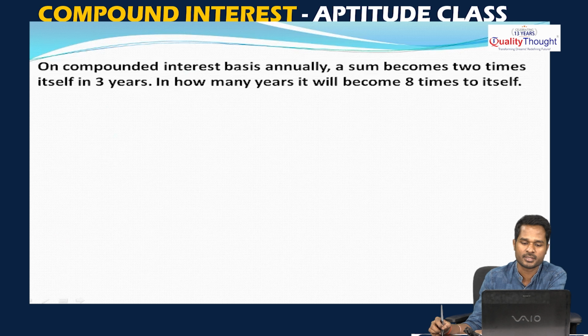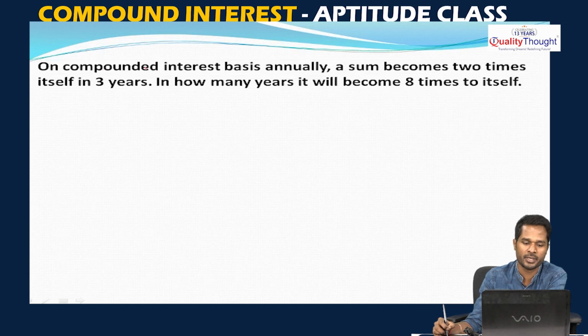On compound interest basis, annually, a sum becomes 2 times itself in 3 years. In how many years will it become 8 times itself?